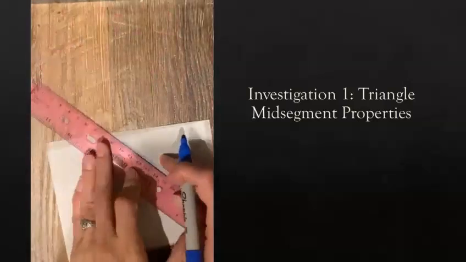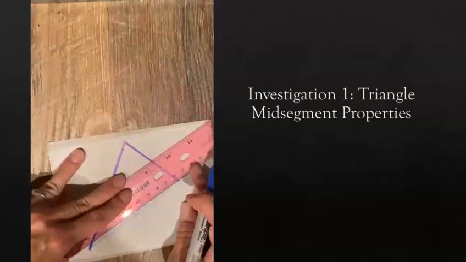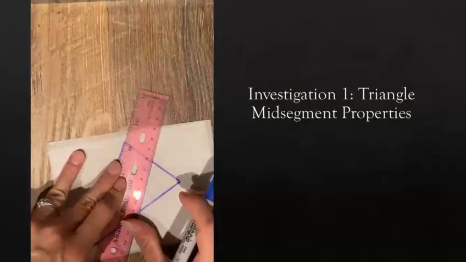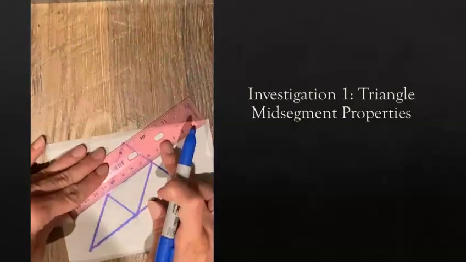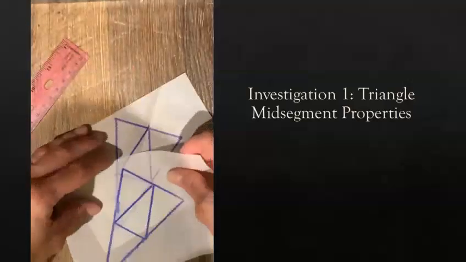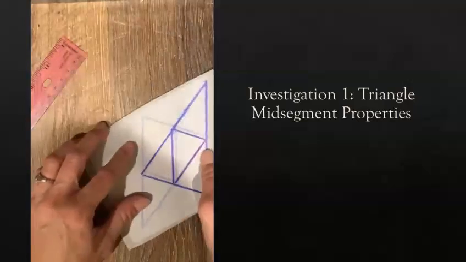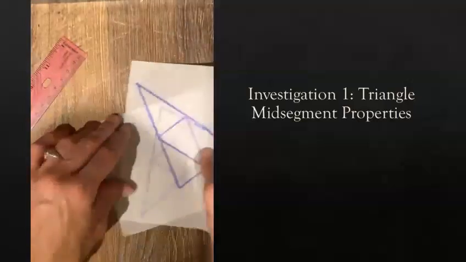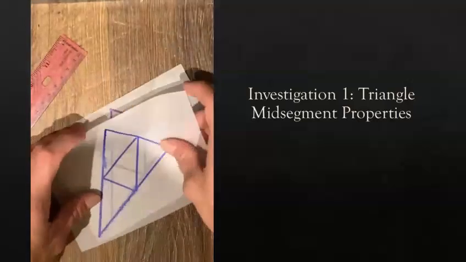You then want another piece of patty paper, and you're going to trace that whole design onto another sheet of paper. I was aiming for a scaling triangle. It might be slightly close to isosceles, but if you look, comparing all these different triangles inside, all of them are congruent.